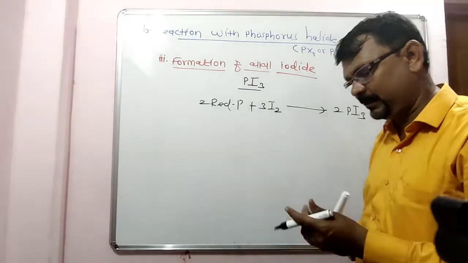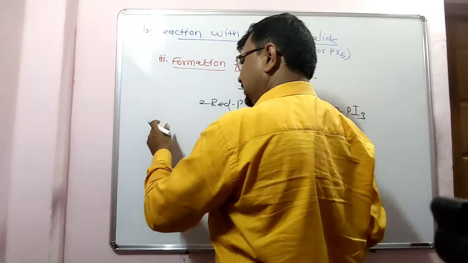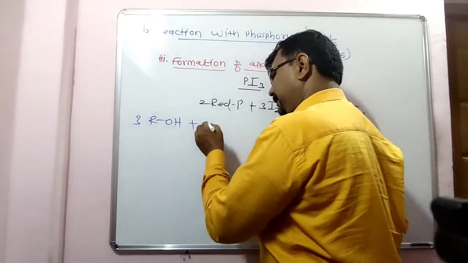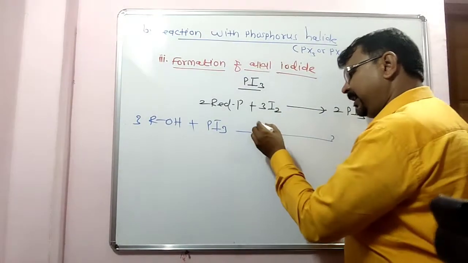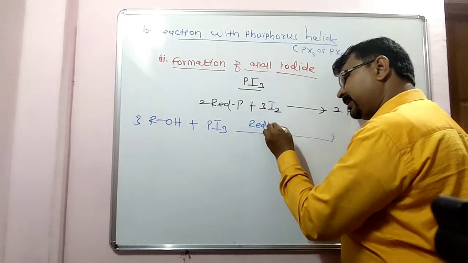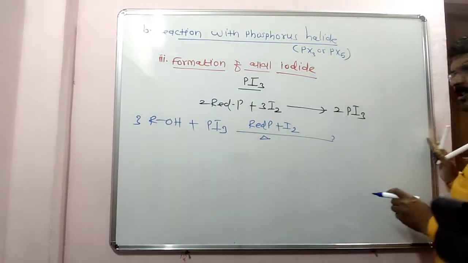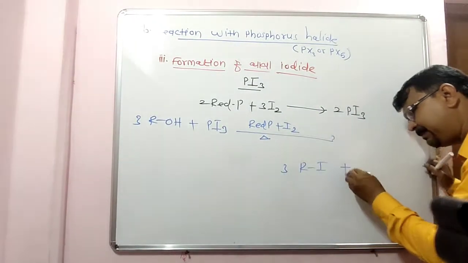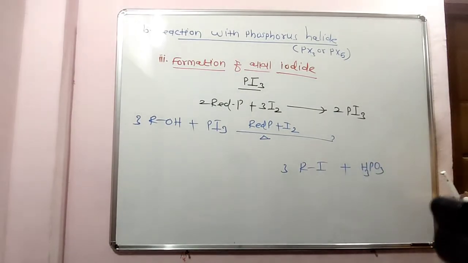Look here, general reaction: thrice ROH plus PI3, a mixture of red phosphorus plus I2, heating. It gives the product thrice RI plus H3PO3, phosphorous acid.